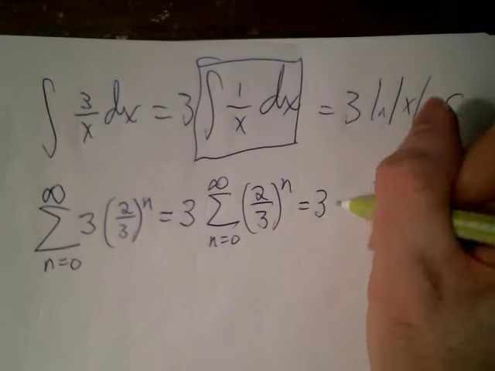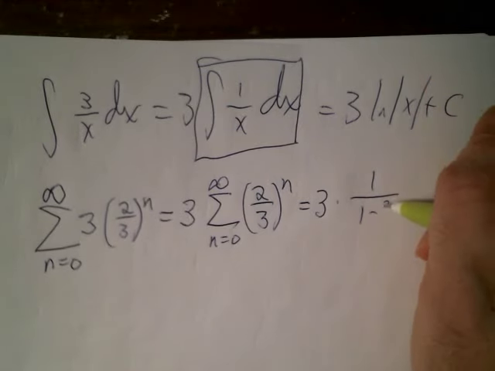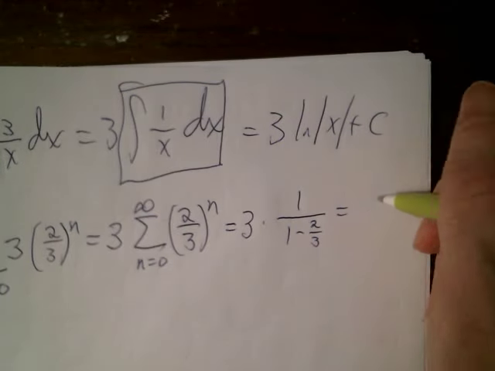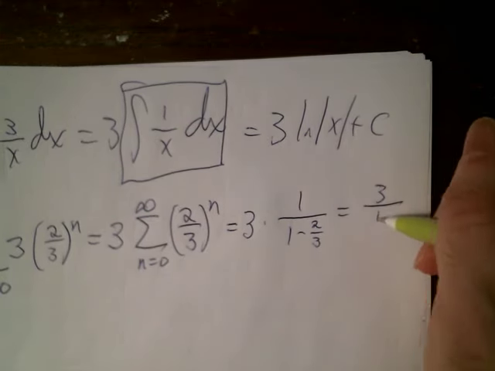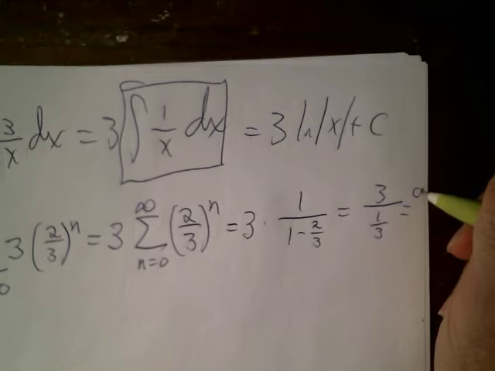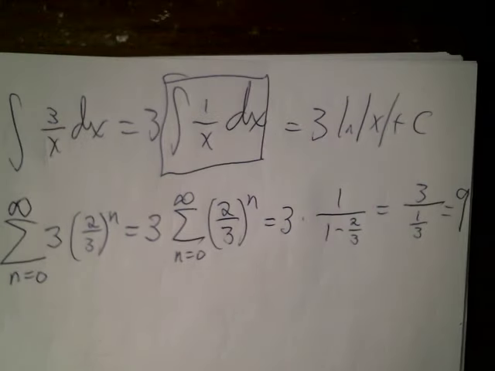So you can always just factor that out, and you get 1 all over 1 minus 2/3, which will be 3 all over 3/3 minus 2/3, which is 1/3, which is 9. Okay.